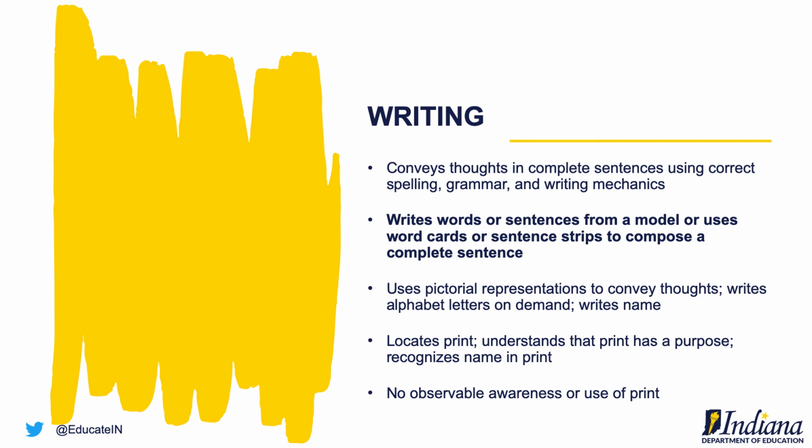Nearly 15% of students can locate print or recognize their name in print. Fewer than 13% of students have no observable awareness of print. Less than 10% were able to convey thoughts in complete sentences using correct spelling, grammar, and writing mechanics. The ability to write at this level may be an indicator that the student does not have a significant intellectual disability and should be considered during the case conference committee meeting.